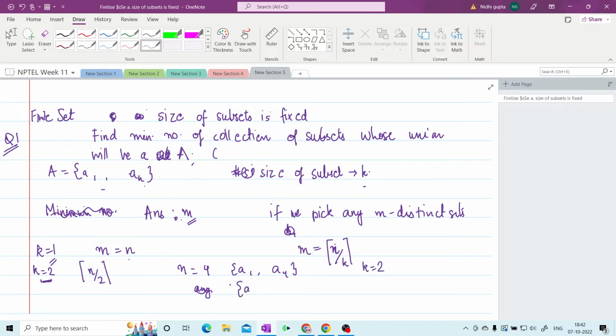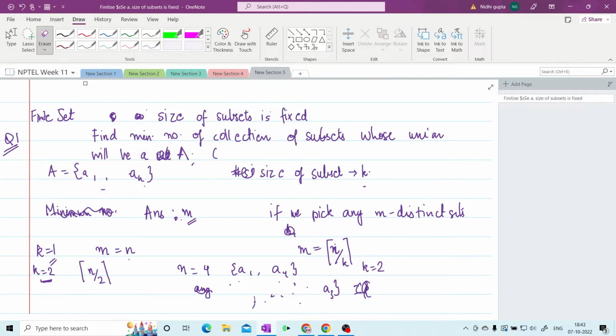But no, right? If I consider these two sets, a1 and a2, or a1 and a3, then the union of this is not a1 union a4, right? So this won't be the minimum number. Yes, ma'am, that's why I was confused. So this is not the answer then, right? Yes, ma'am. So for this it should be 3.